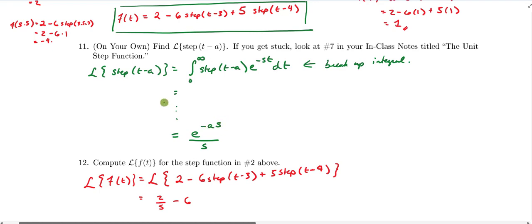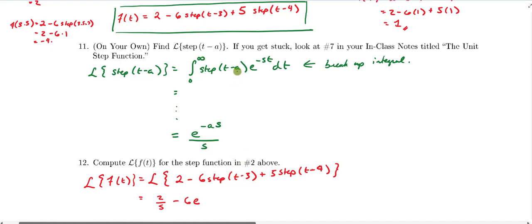Just as a reminder, we're taking a function from the time domain. We're applying the Laplace transform to it to bring it into the s domain. And so any expression left over after the transform should not have the variable t in it. And in fact, that t up there should have been an s. So when I use this rule to help with the computation of the step function of t minus 3, we end up with e to the, careful, watch the signs here, folks, because there's the minus sign in the expression t minus a.